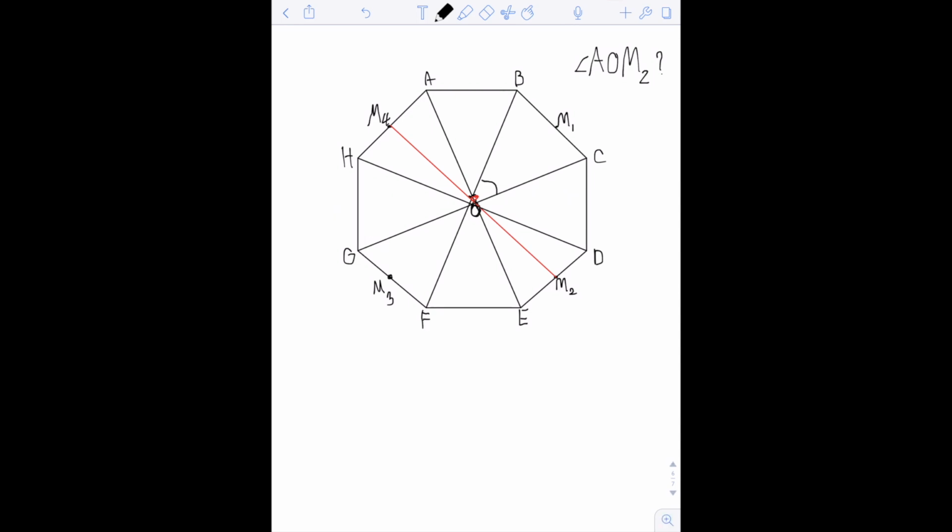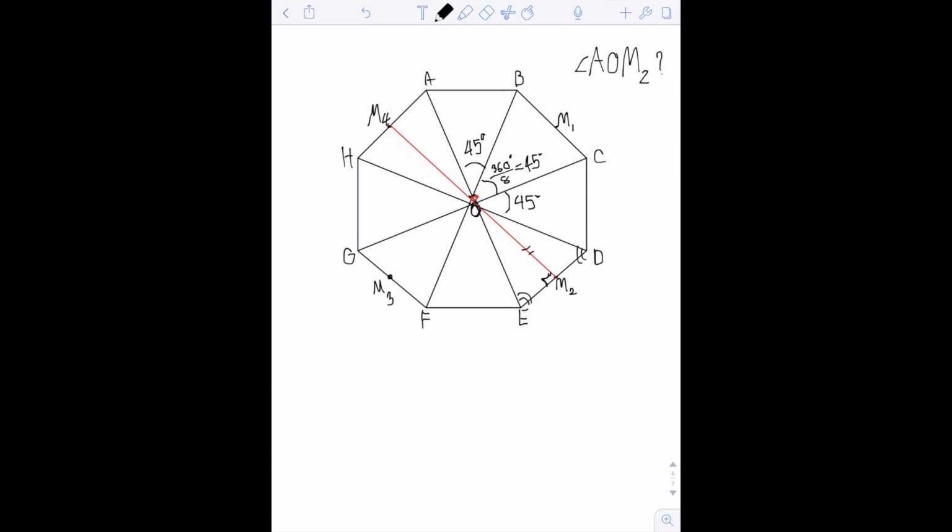So we can see that any of these angles is 360 divided by 8, which is 45 degrees. So this is 45 degrees, and this is 45 degrees. So we want to find DOM2. Notice that this angle is right, and these two angles are the same because triangle OED is isosceles.